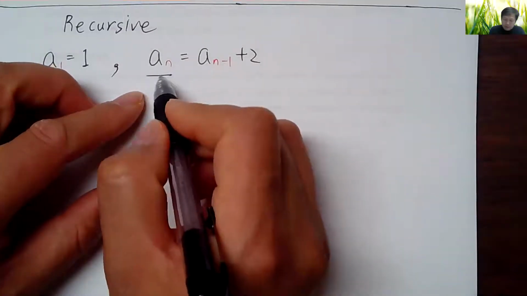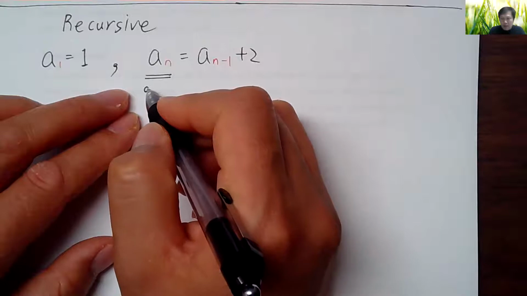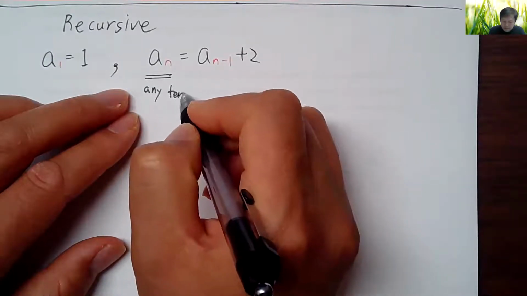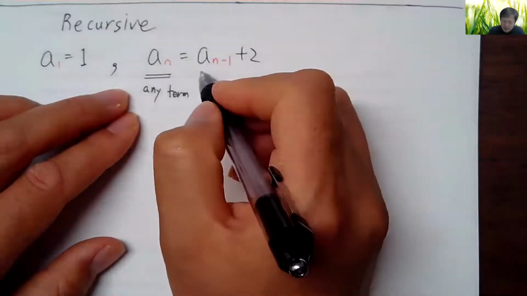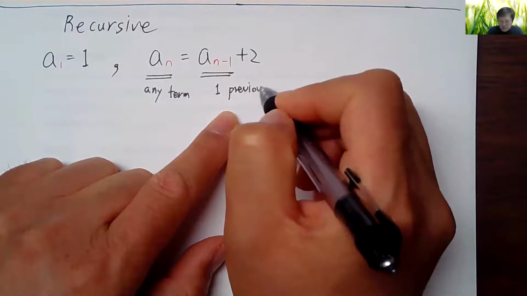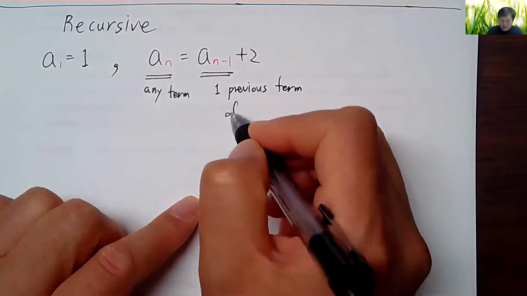So you can say any term, well, nth term, but any term, and that one is one previous term of this.